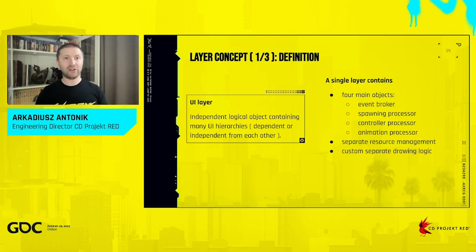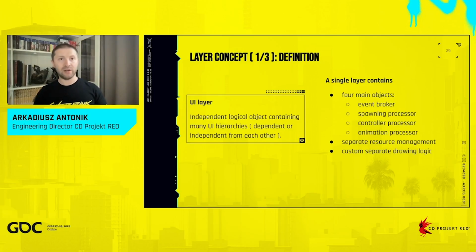It has some similarity, but the most important thing is that a UI layer is an independent logical object containing many UI hierarchies, dependent or independent from each other. This object is grouping UI instances and applying on them some rules that are the same for that kind of group of UI instances. Each layer consists of a few main objects that are managing UI each frame.